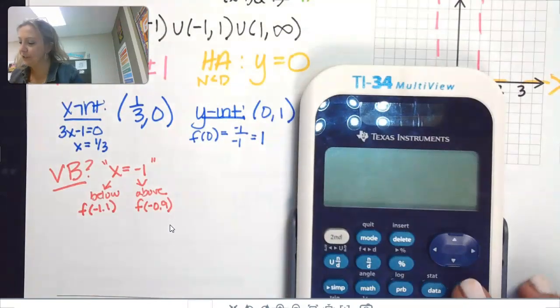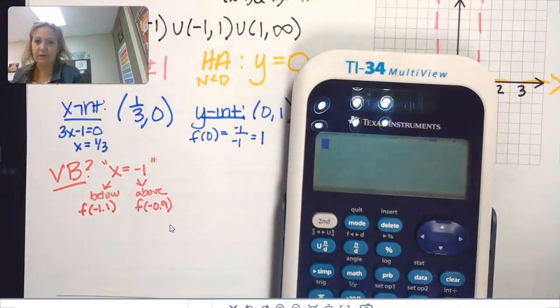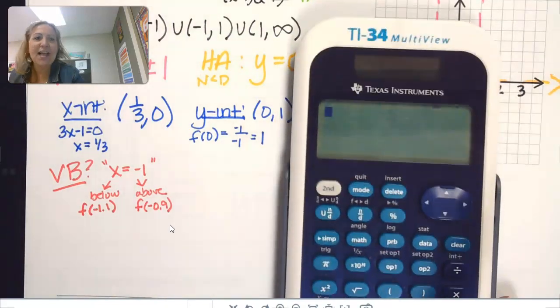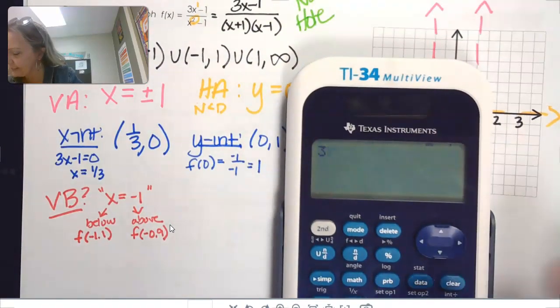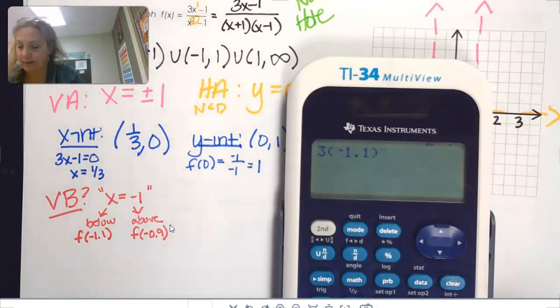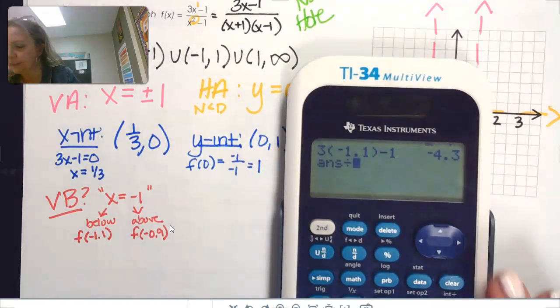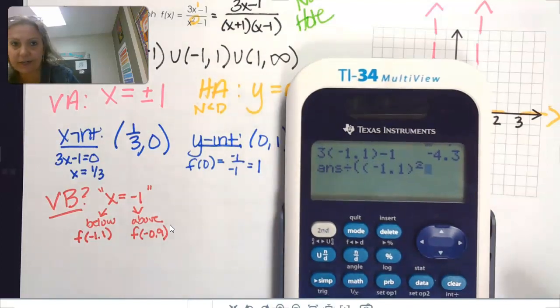So I would just substitute that into my calculator, okay? So I can take 3 times -1.1 minus 1. And then I can divide that answer by -1.1 squared minus 1.